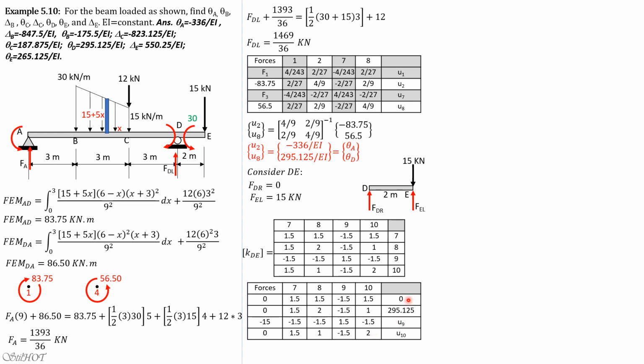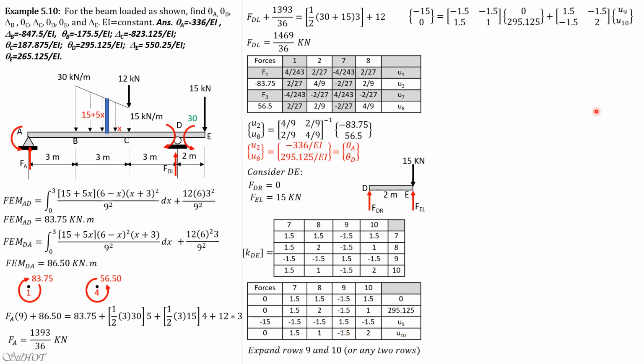Then the displacement at 7 is 0, at 8 is already computed as 295.125, and we have U9 and U10. So we expand rows 9 and 10. So we have negative 15, 0 equals this 2 by 2 matrix times the displacement matrix 0 and 295.125 plus this 2 by 2 matrix times this U9 and U10 matrix.